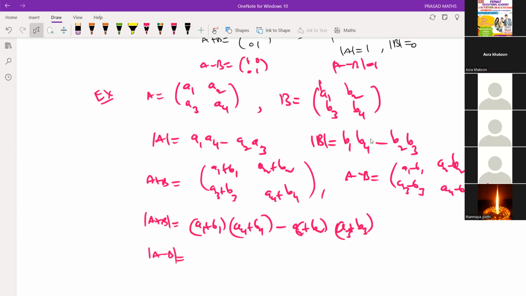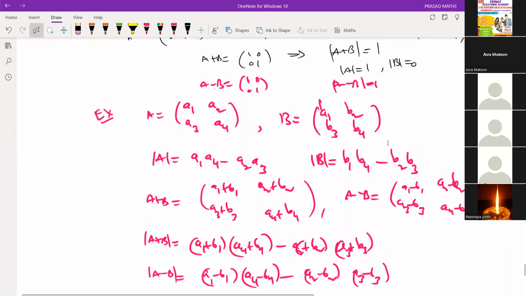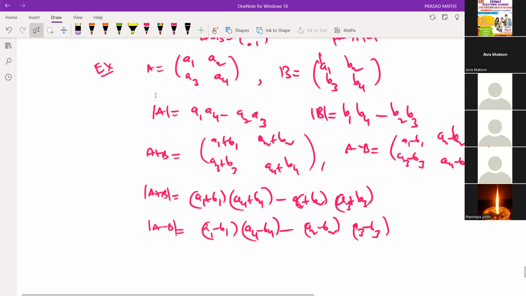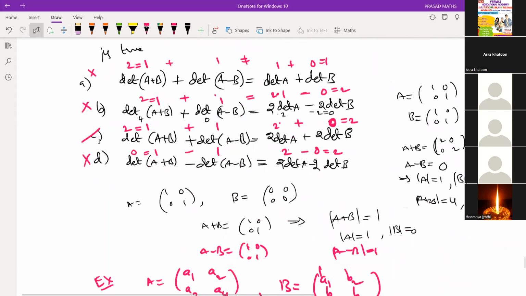It is (A1 minus B1)(A4 minus B4) minus (A2 minus B2)(A3 minus B3). Now compute this. Go for option 1, option 2, option 3, option 4. Now you can easily observe that all the other options are discarded. You are going to get only option C.